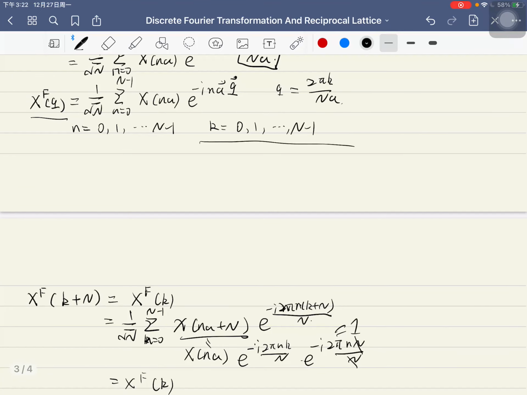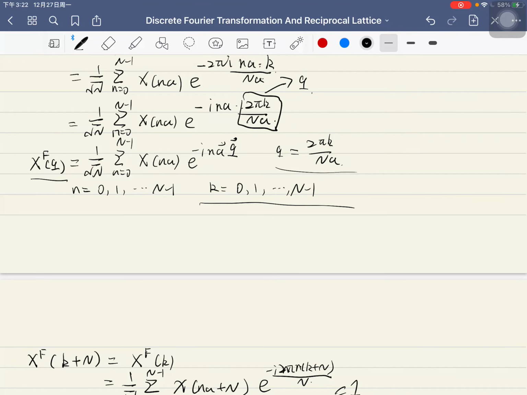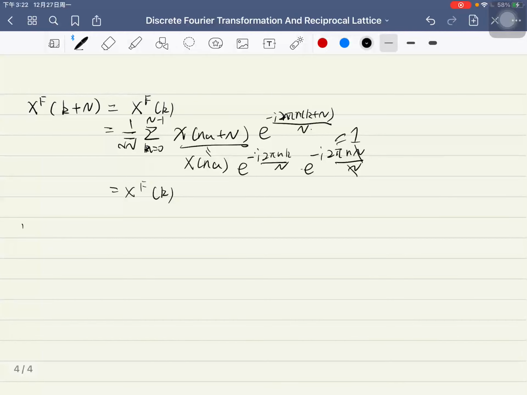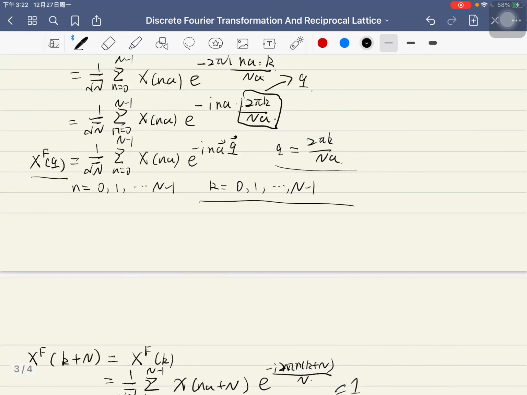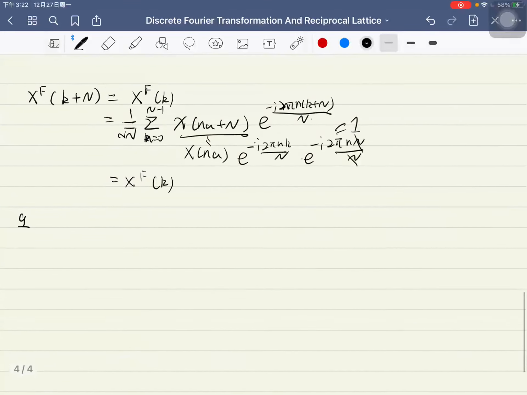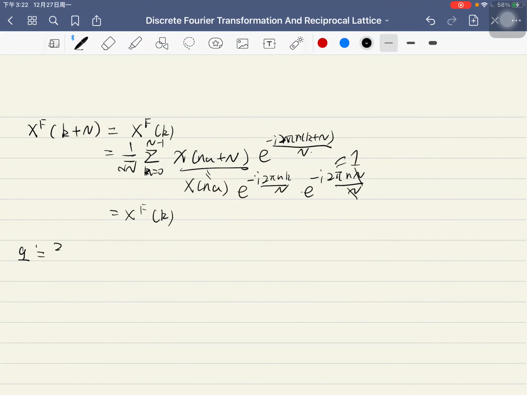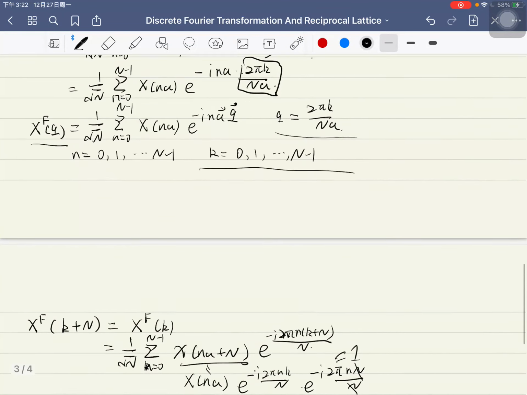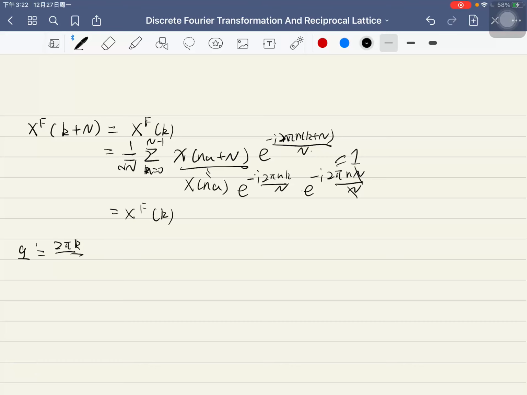So here we can find the q. The reciprocal coordinates q equals 2 pi k over na, and k equals 0, 1, to n minus 1.